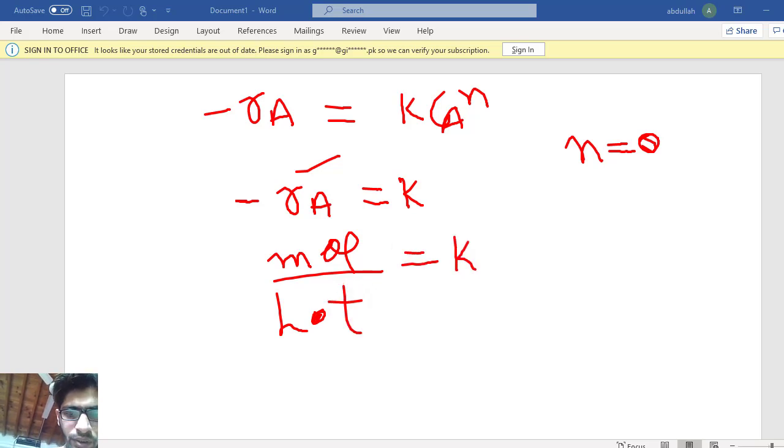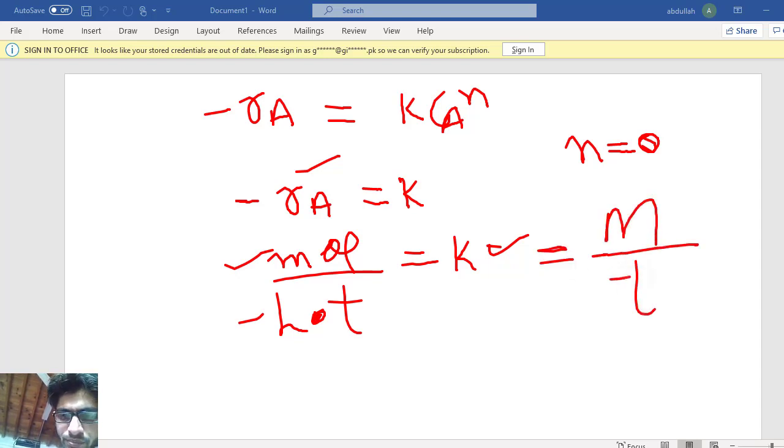So in the case of zero order reaction, the unit of rate constant is mole per liter into time, which is nothing but molarity divided by time. So this is the unit of rate constant for zero order reaction.